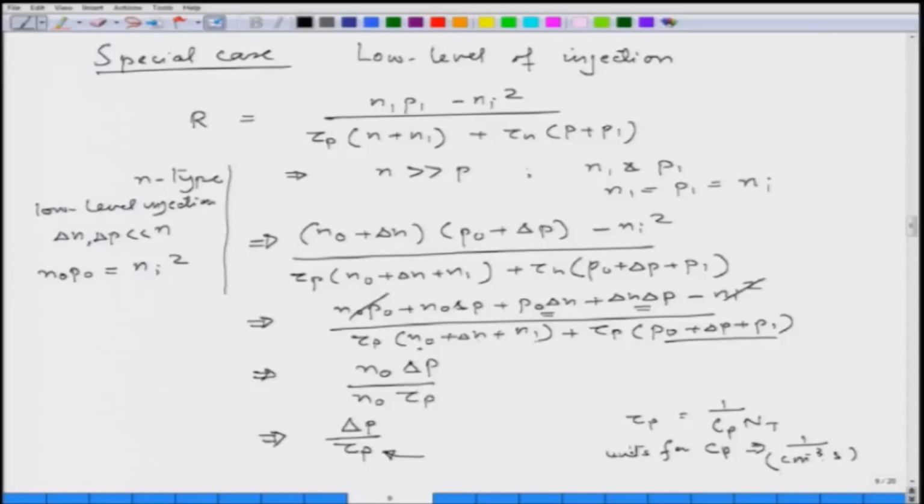You can check that these dimensional units for C p will be correct with the earlier processes that we have discussed from the beginning.